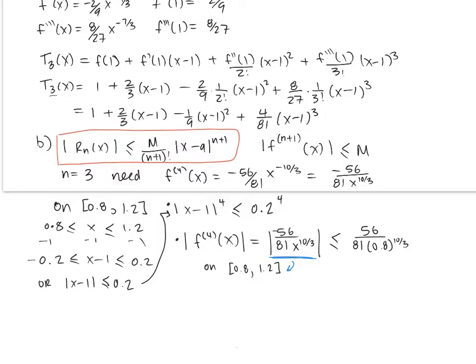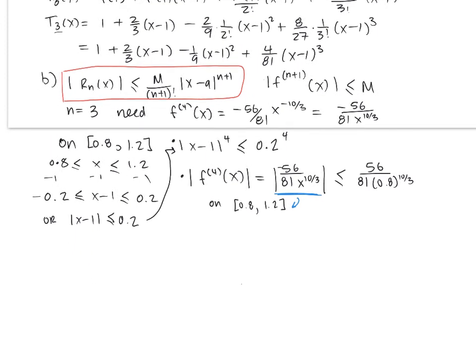Does that make sense? Which number you plug in, whether it be a left endpoint, right endpoint, or something in the middle, depends upon if your function is decreasing, increasing, or has a highest point in the middle. You could also graph this thing and look for where it is the biggest on the interval. Okay, and then you're pretty much done.